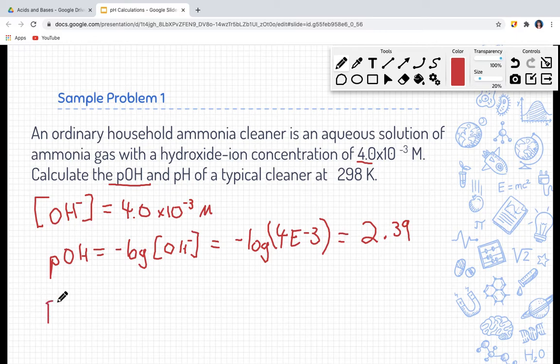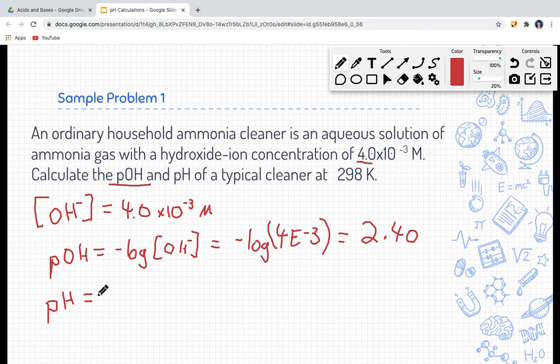Okay, actually, that shouldn't be 2.39, because if I actually rounded, that should be 2.40. That 9 actually rounds up there because there's a 7 after it.